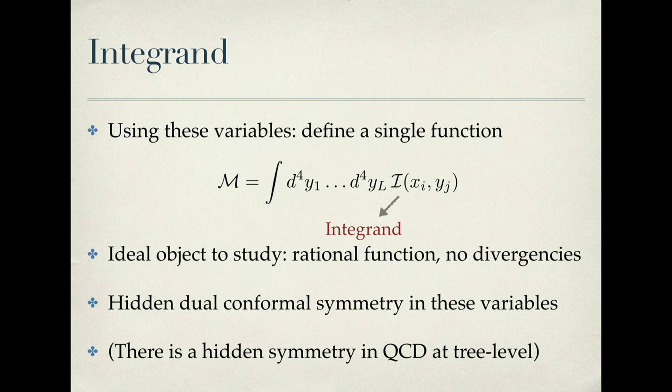By the way, because amplitudes in this theory are the same at tree level as in massless QCD, there is actually even a hidden symmetry in massless QCD at tree level, which nobody observed. It could be observed even in Yang-Mills theory, or massless QCD with only quarks. So Yang and Mills could have observed it in the 50s or 60s, but to actually see some implications of the symmetry, you have to calculate at least 6-gluon amplitudes.